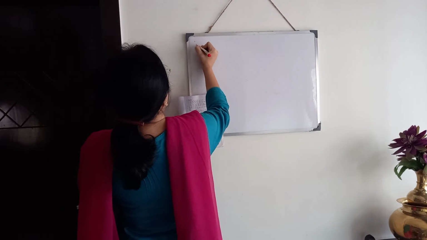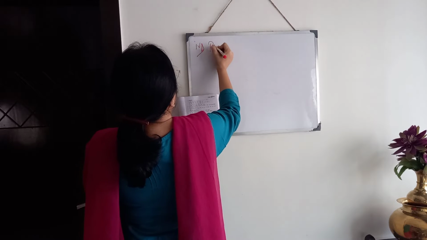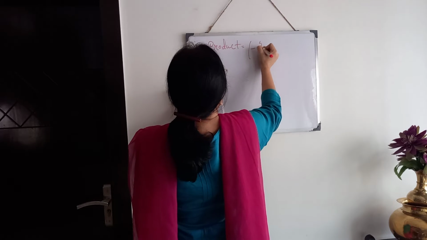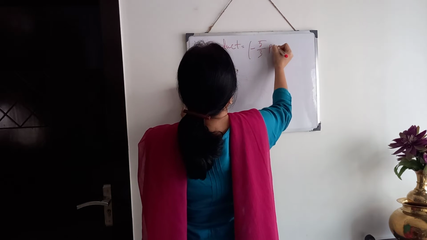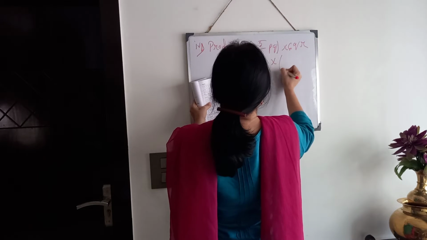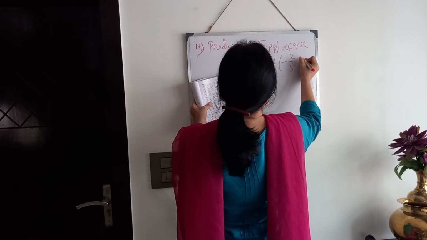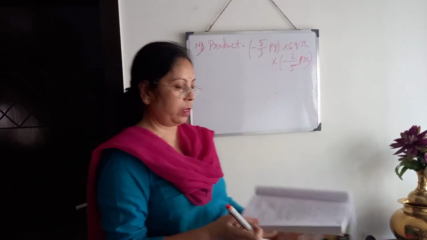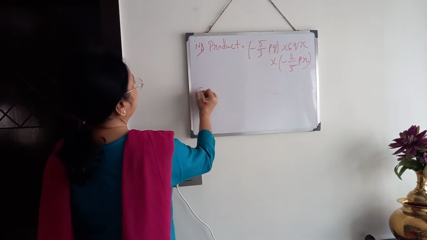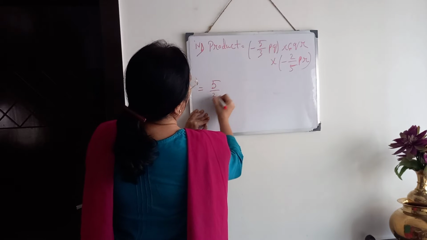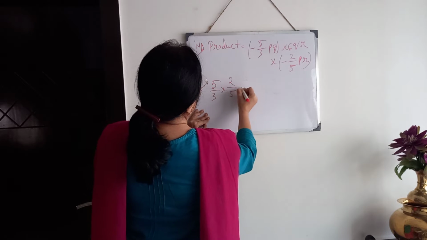Then find the product of this, number 4. Again, sign minus minus plus, and 5 by 3 into 2 by 5.